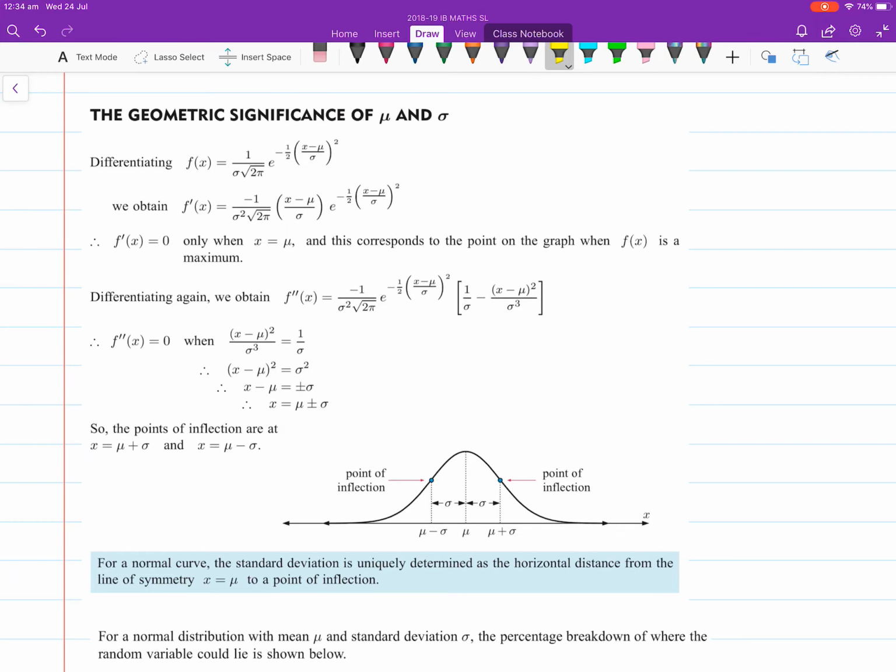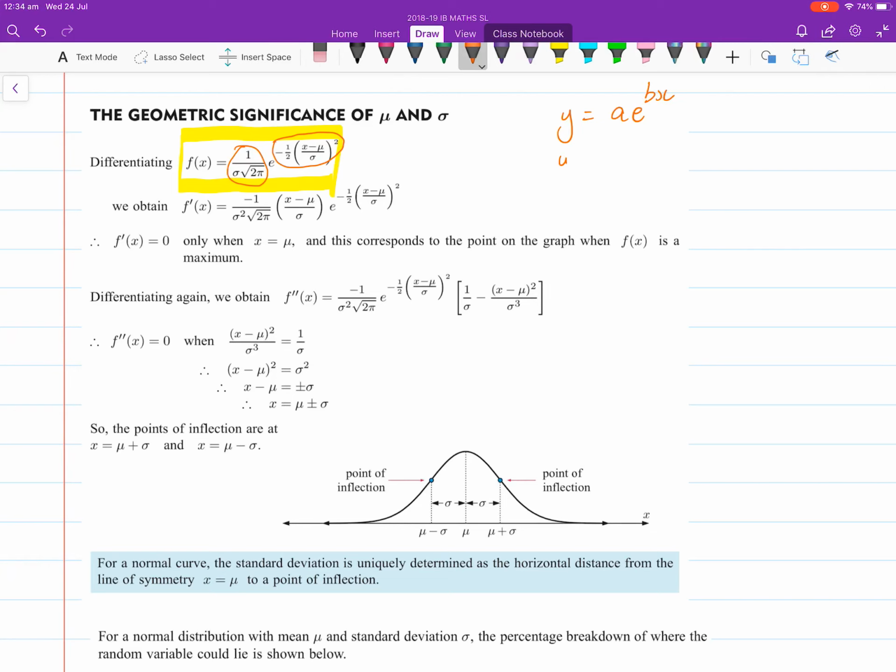Now if I take the equation of the probability density function and differentiate it, you can see that it's actually just this big number in front and then e to the power of that monstrosity up there. So really it's just something like y equals a e to the bx.